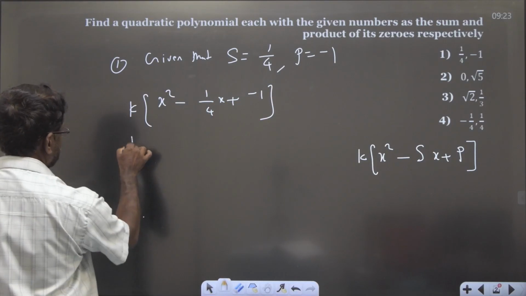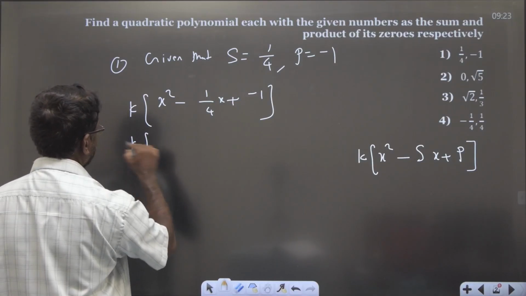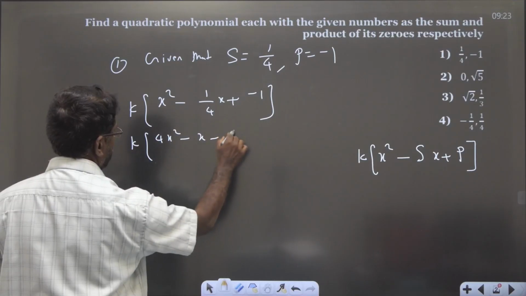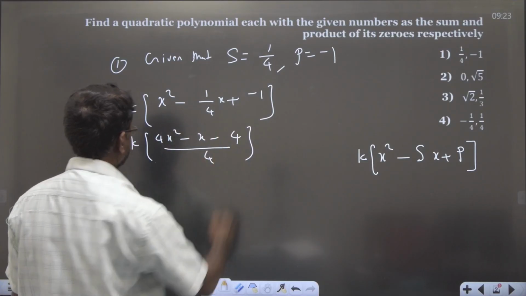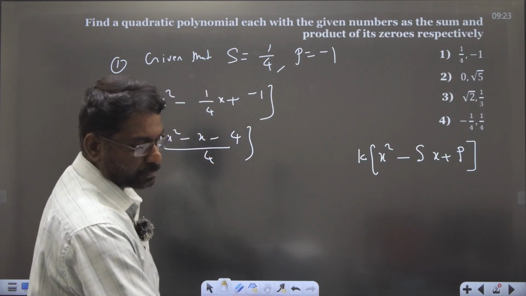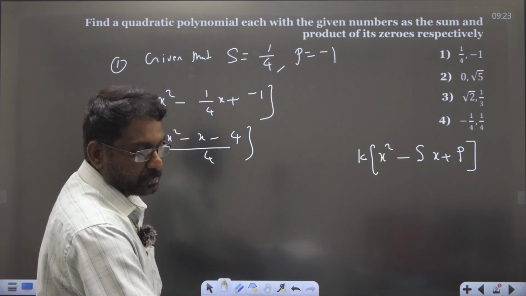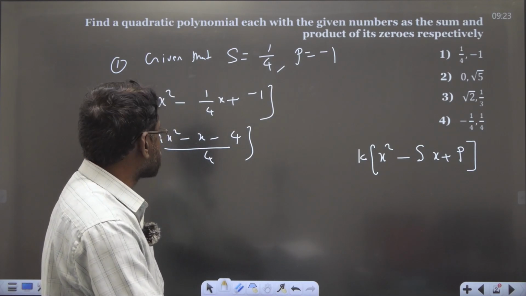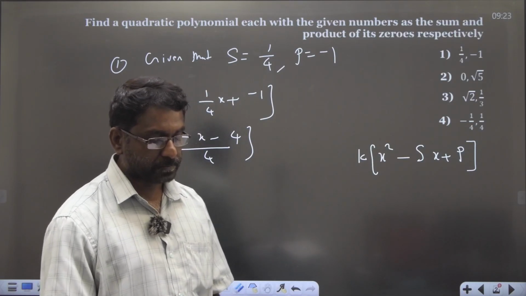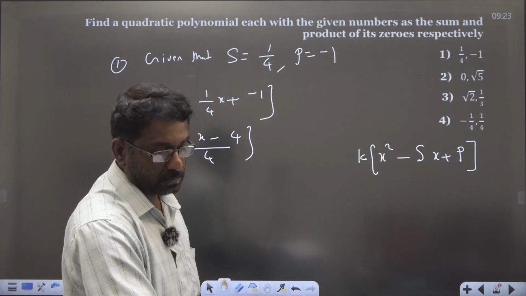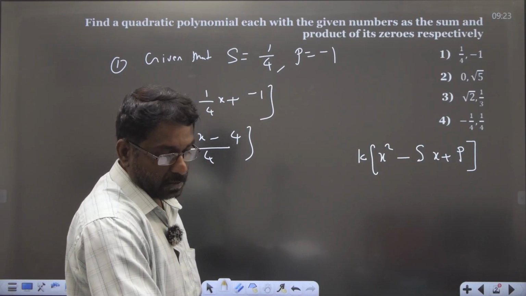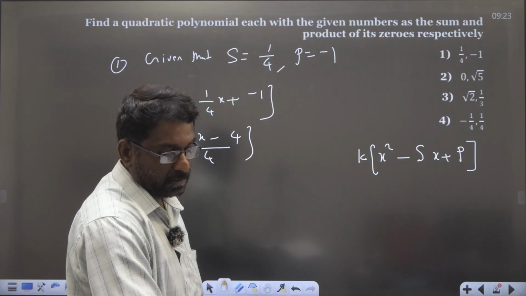Take LCM, 4 is the LCM: k into 4x square minus x minus 4 by 4. This is the quadratic polynomial.